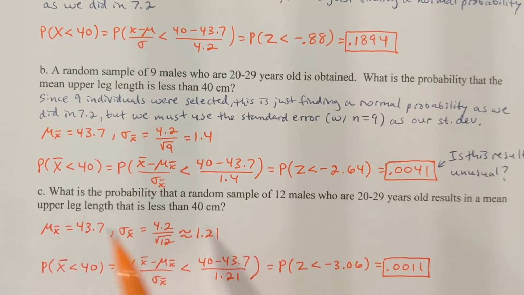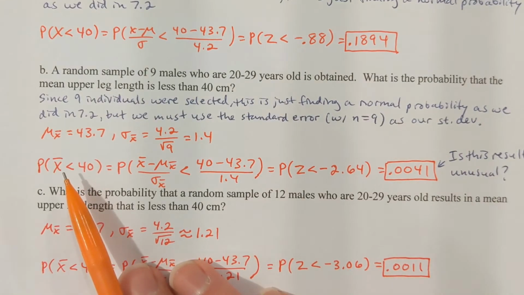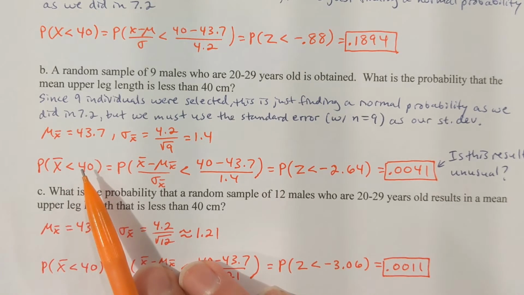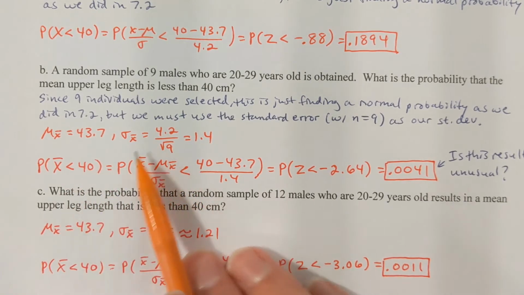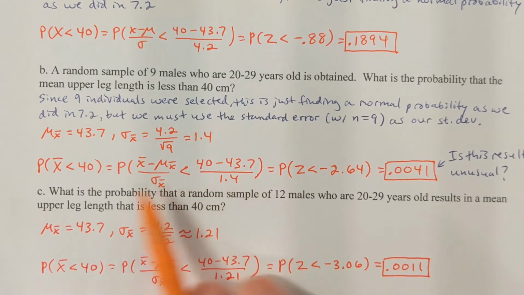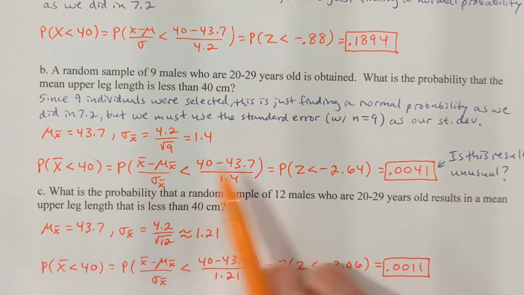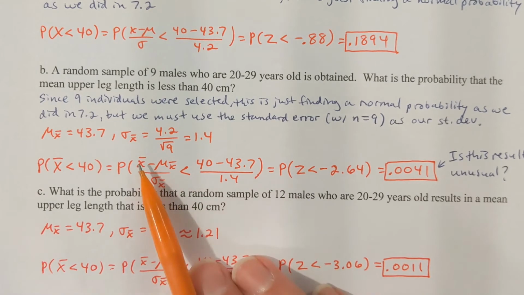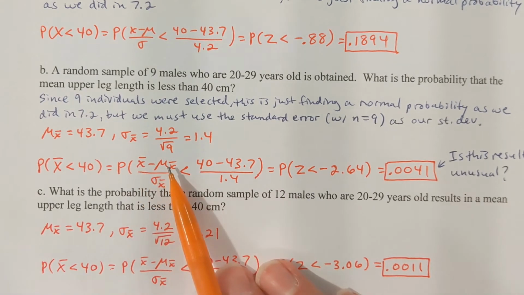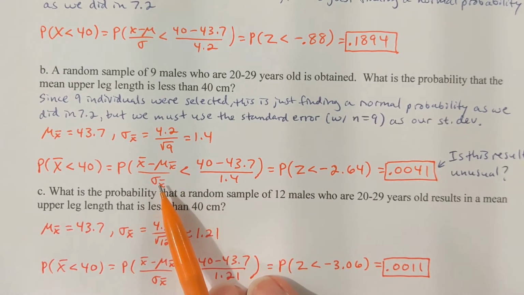Now, I want to find the probability that the sample mean of these 9 numbers is less than 40 centimeters. I'm going to change the variable from x bar to a z-score: x bar minus mu sub x bar over sigma sub x bar.